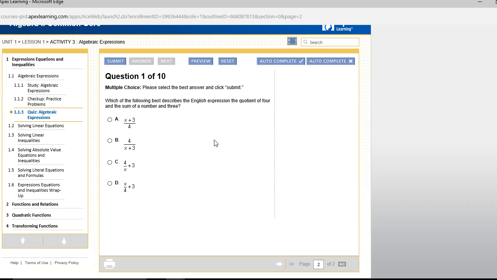So you have 3 chances to pass with a 70% or higher before you get locked out. So Apex will freeze up if you try a quiz 3 times and all of your scores are less than 70%.